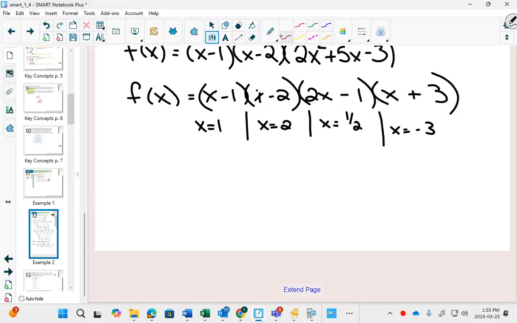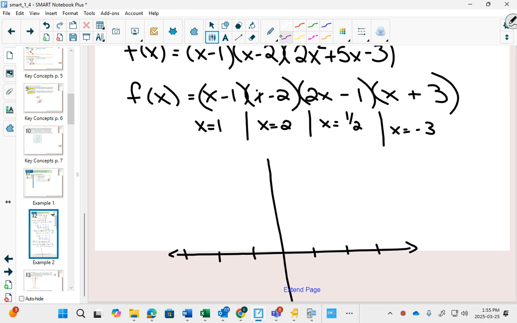So when we go to graph, I have minus 3, 1 and 2, 1/2. There's the 4 x-intercepts.